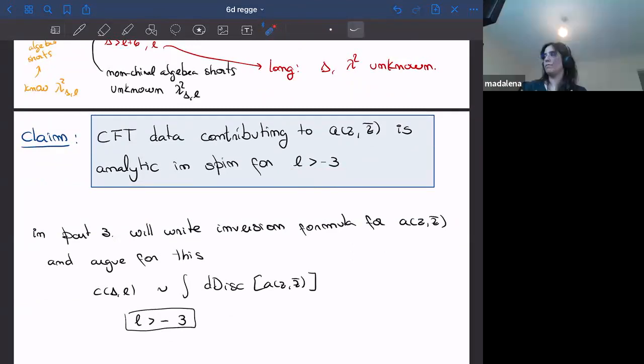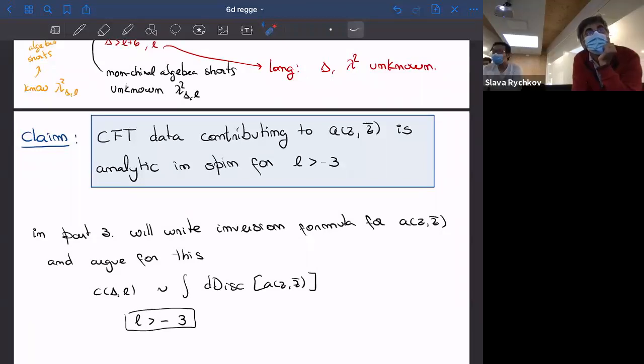And now I will, as is often done, assume that this means that the non-analyticities of C are just poles, so this function is a meromorphic function in Δ, and it has poles, and I'm studying the location of the poles as a function of L. And these are smooth functions of L that I will be trying to plot, and the same for the residues. But I fully agree that this is an assumption that I am making at this point.